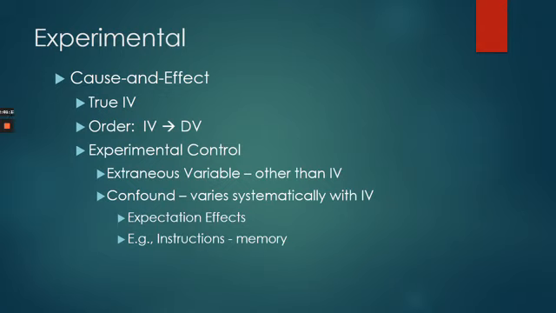You're acting systematically different to the red group and the blue group, and that's going to mess up your cause and effect. You might say, oh my gosh, red's so much higher, it's the color. Maybe it's not. Maybe it's because your experimenter was acting so different to the red people versus the blue people. So we have to be very careful that the experimenter doesn't convey these expectation effects to the participants.